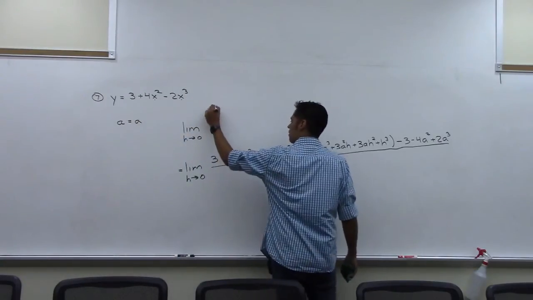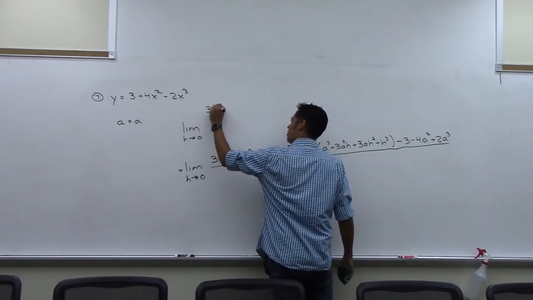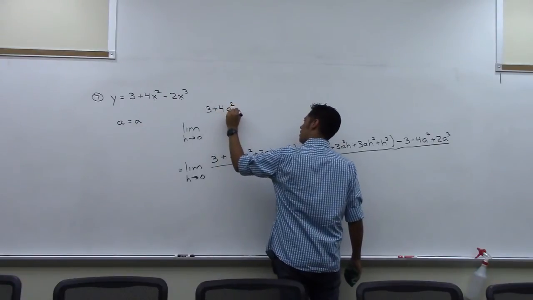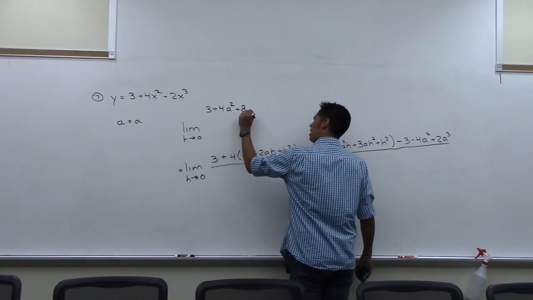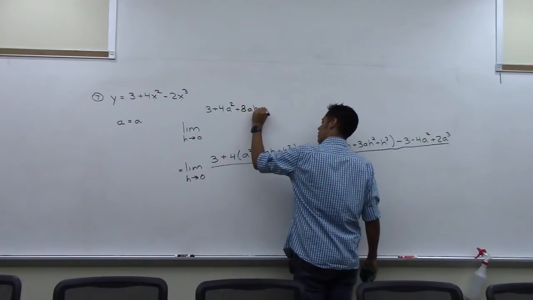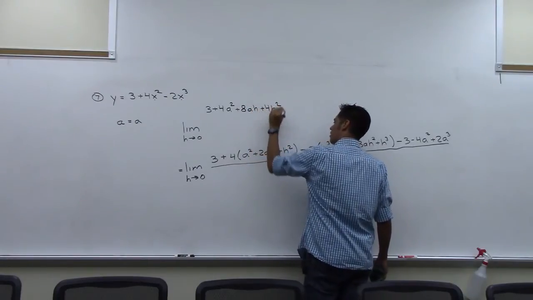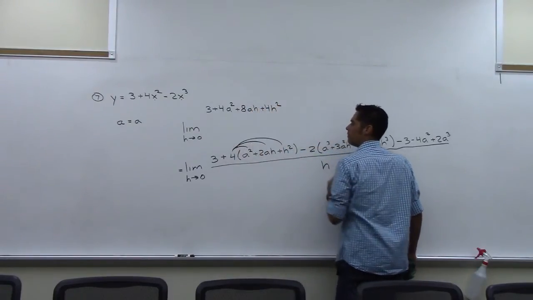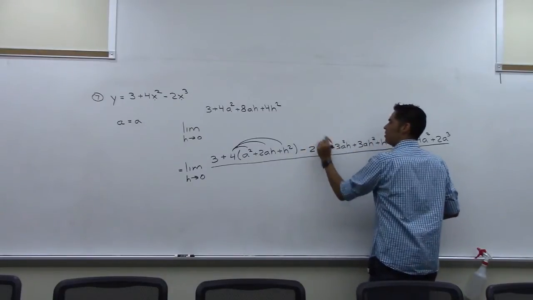All right, 3 plus 4a squared plus 8ah plus 4h squared. So just distribute the 4 through here. Then distribute a negative 2 through.